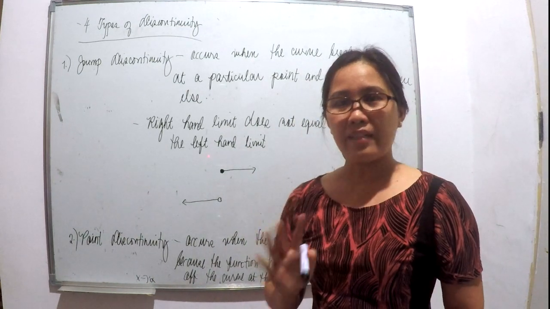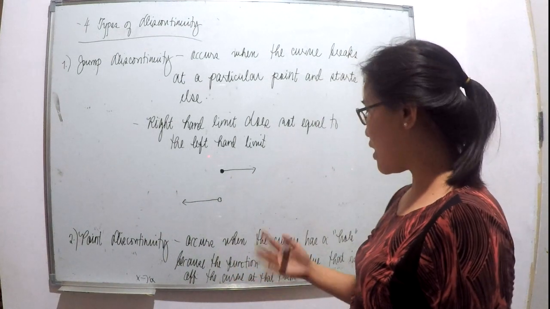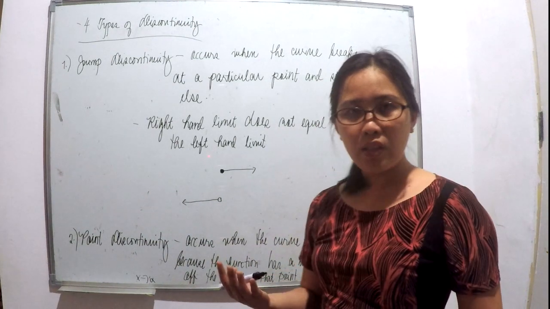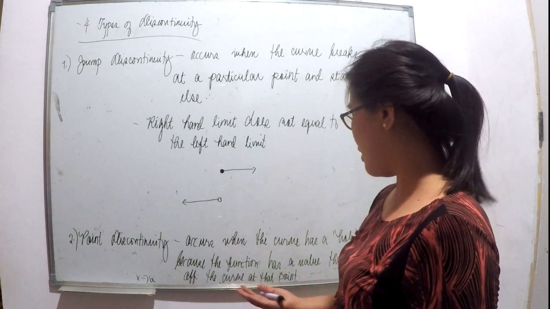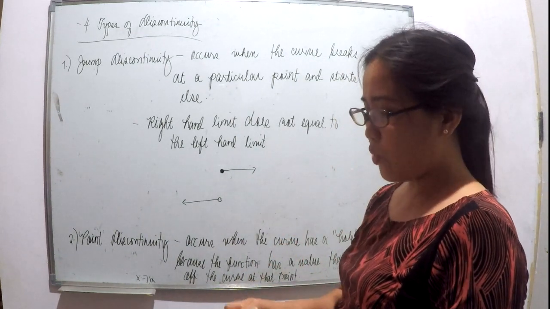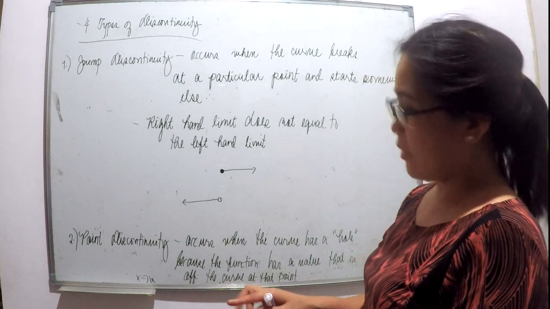Okay, that is point discontinuity. It occurs when the curve has a hole, because the function has a value that is off the curve at that point.